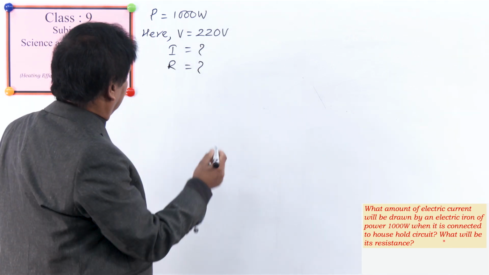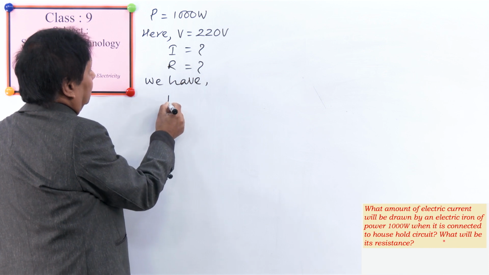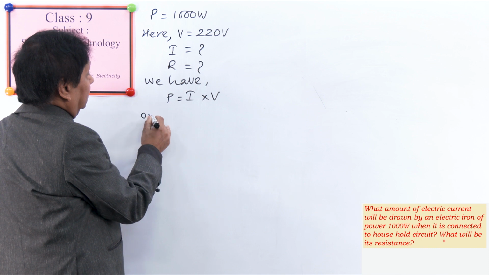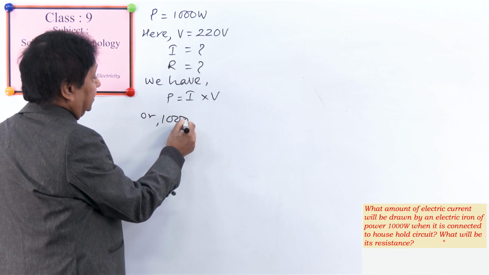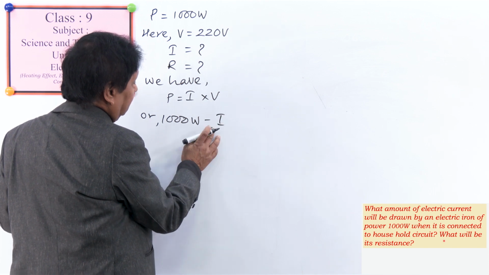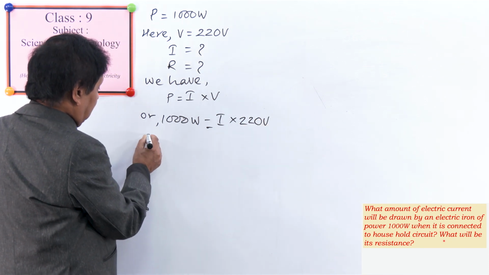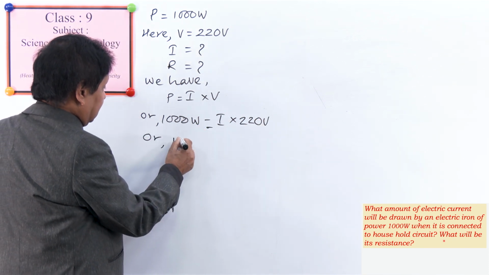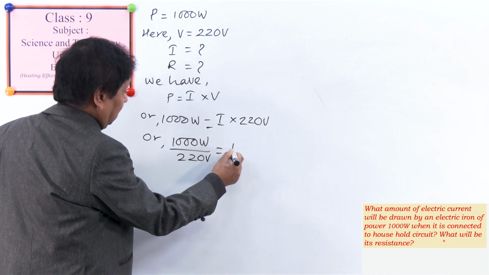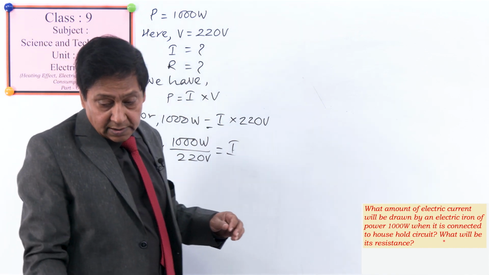Current is asked, and resistance is also asked. Now how to solve this? Very easy. We have P equal to I into V, and power is given here. Power is 1000 watt, and this is equal to I, which we are going to calculate, into V, which is 220 volt. If we take this 220 volt to the left hand side, then 1000 watt divided by 220 volt is equal to I. Now we have to divide 1000 by 220.